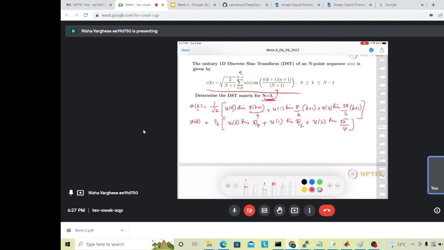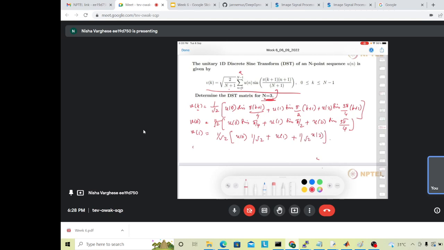So you know V0, V1 is 1 by root 2, here 1 by root 2, plus U of 1, plus 1 by root 2 U of 2.